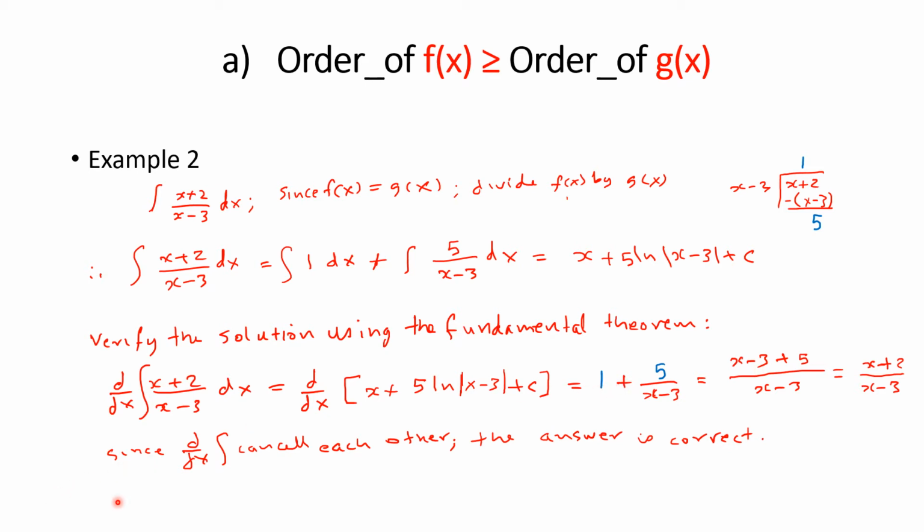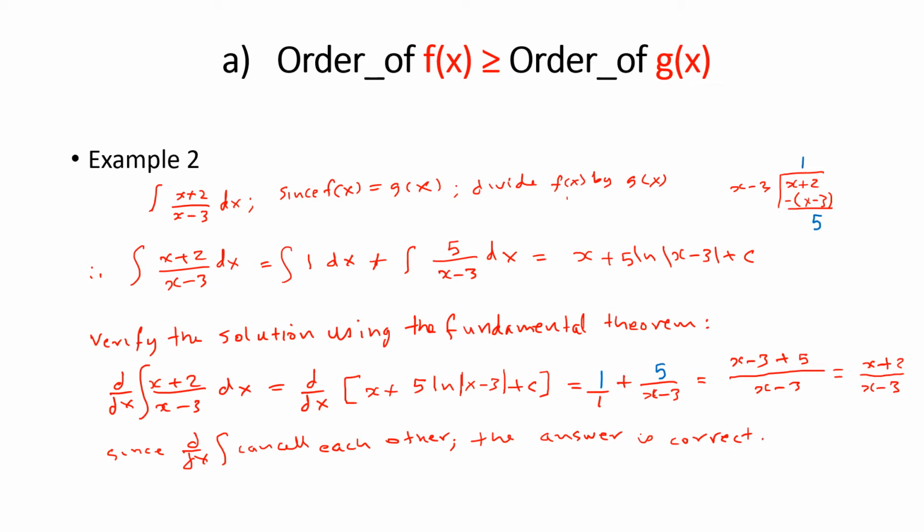Let's go ahead and fix this one. This one is equal to 1 over 1. So cross multiply will give us x − 3, and this will give us plus 5. And of course, both of them have the same denominator, which is x − 3.